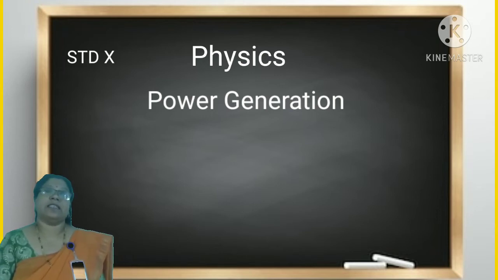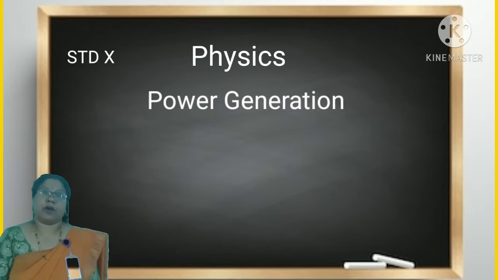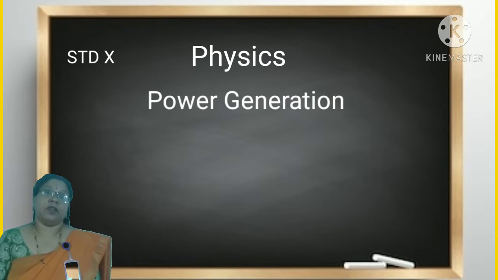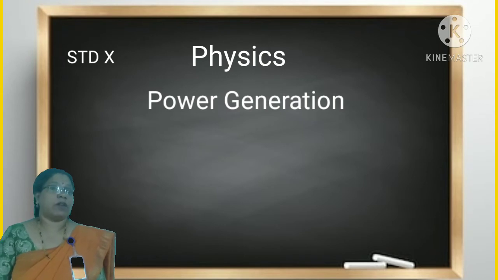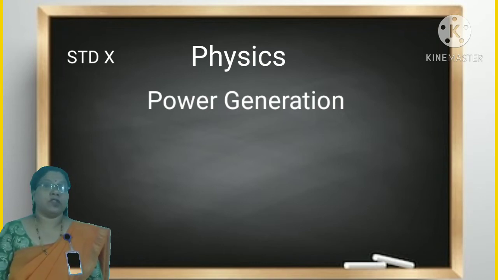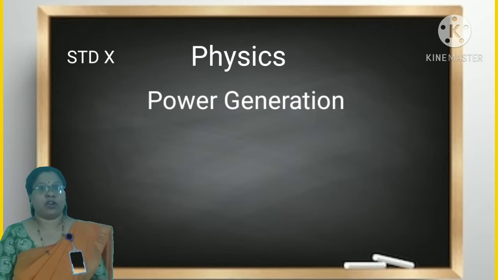Here, AC generators are used for the production of electricity. Three-phase AC generators are used. So far, what we studied was a single-phase AC generator. That is, it contains only one magnet and one solenoid or one armature coil.